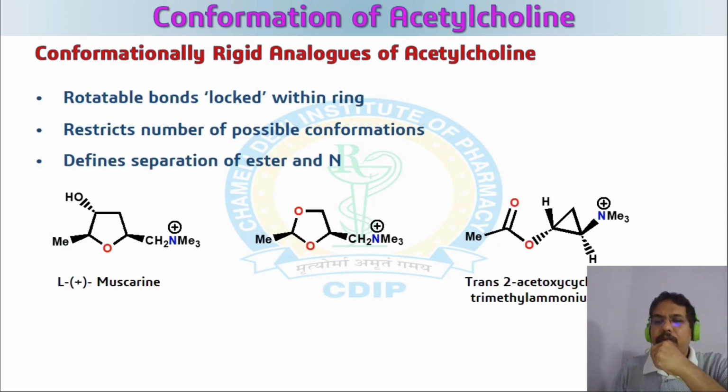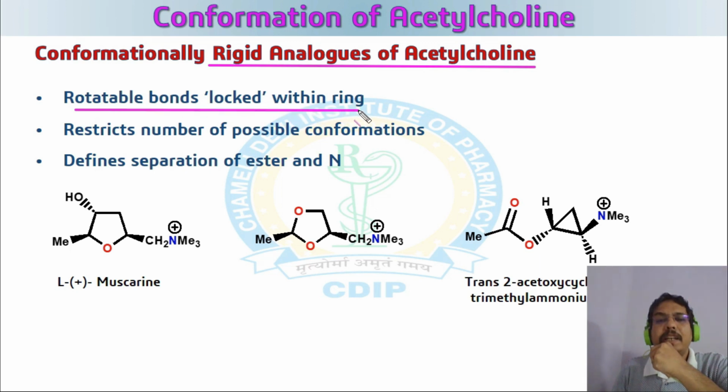So, if we look at rigid analogs of acetylcholine, there are a few rigid analogs in which the rotatable bonds are locked within the ring. This ring hinders the free rotation around this, this or this bond.